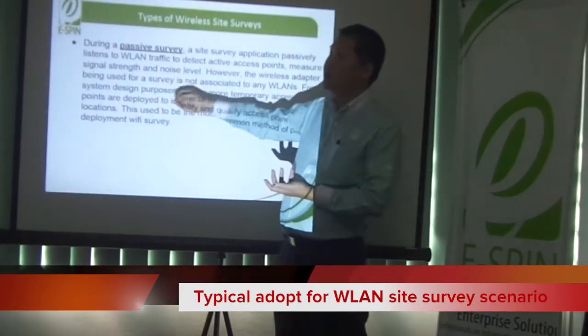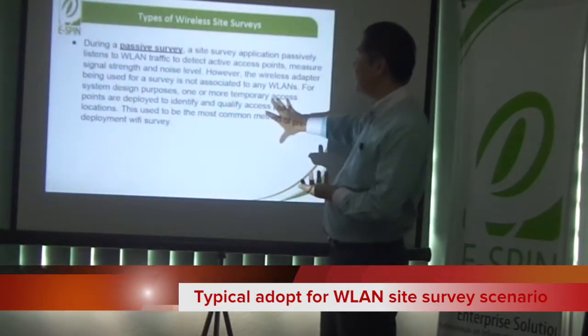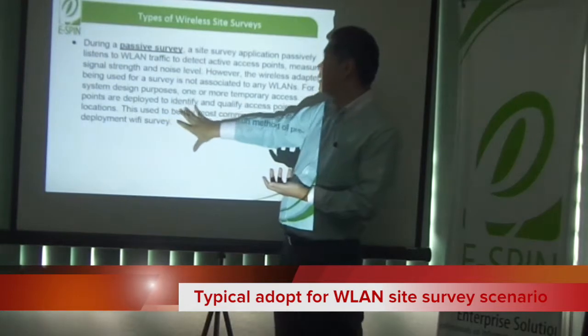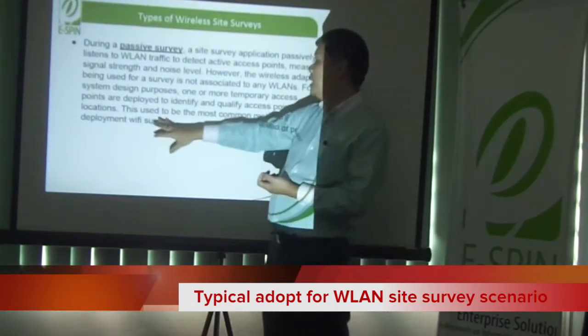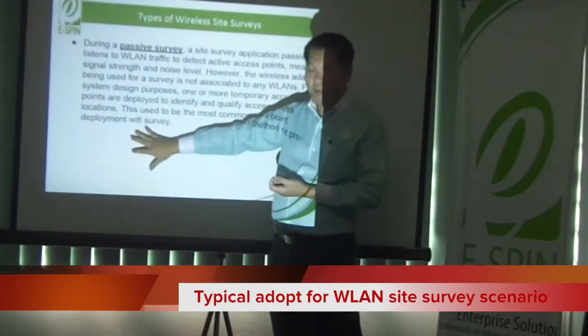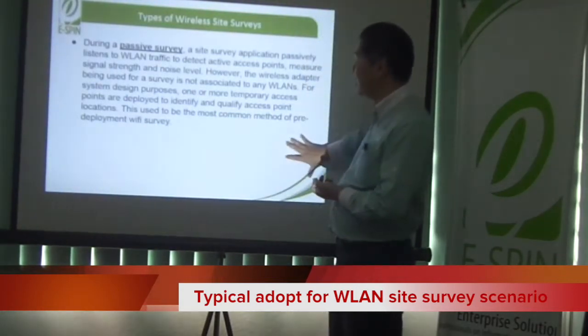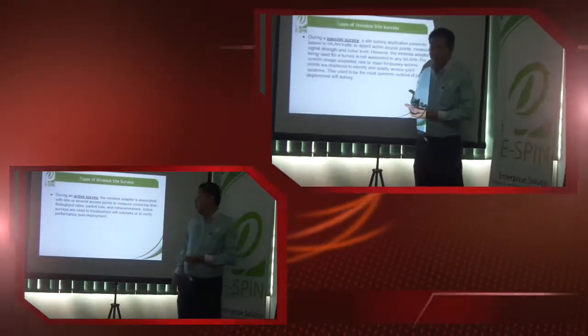This is particularly useful for your system design purposes. One or more temporary access points are deployed to identify and qualify the access point locations. This used to be the most common method for Wi-Fi deployment surveys, right? So if this is the need, we do the passive site survey method.